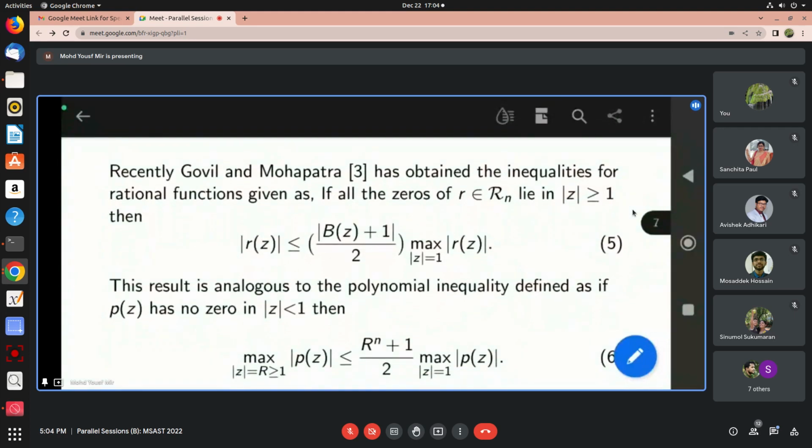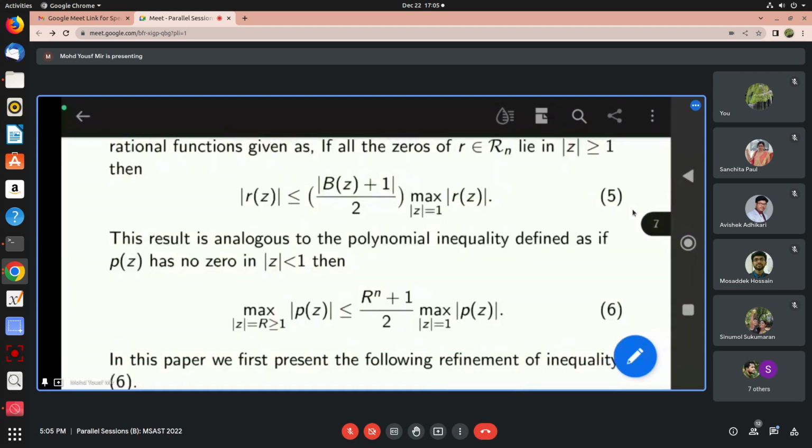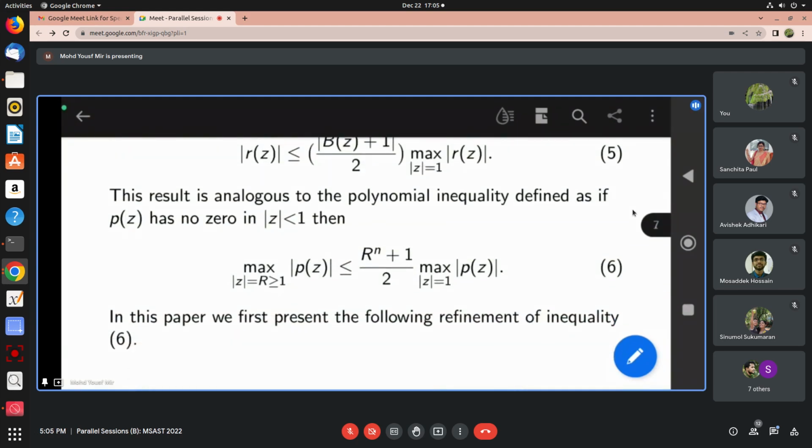Recently, Govil and Mohapatra obtained inequalities for rational functions: if all the zeros of a rational function R belonging to Rn lie on or outside the unit disk, then we have inequality 5. The result is analogous to the polynomial inequality: if P(z) has no zero in modulus of z less than 1, then inequality 6 holds.